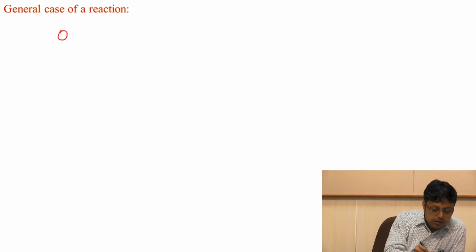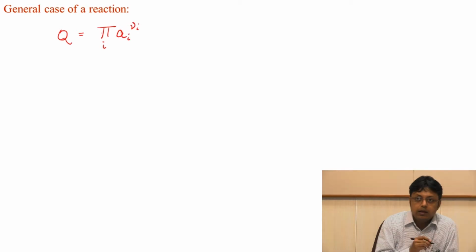It was RT ln Q, so Q is nothing but the product over i of a i to the power nu i.